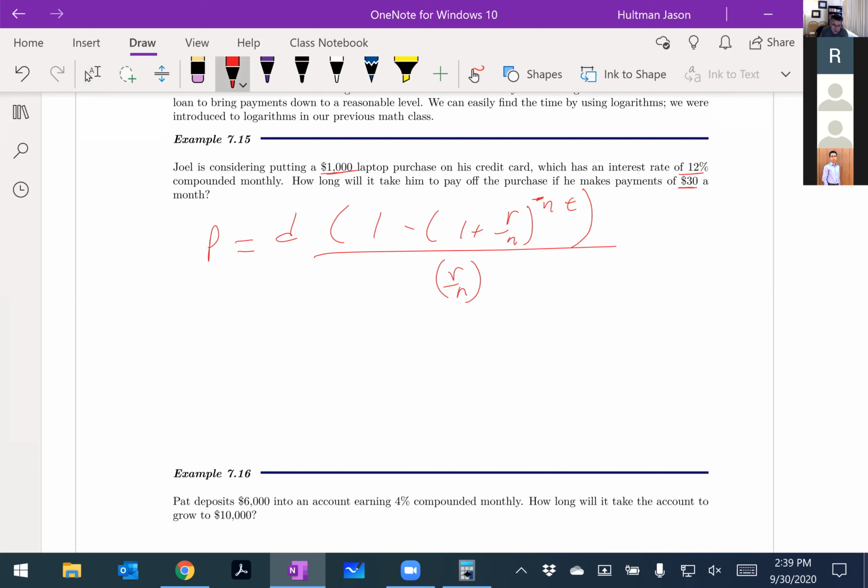So let's see what we can do here. 1,000 is the amount that is my purchase price. $30 a month times 1 minus 1 plus 12% over 12 to the negative 12t power, all over 0.12 over 12.